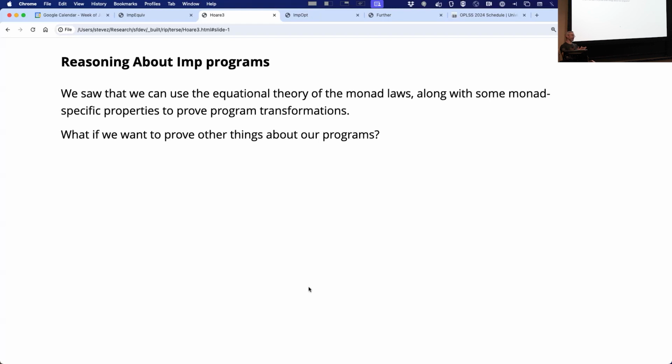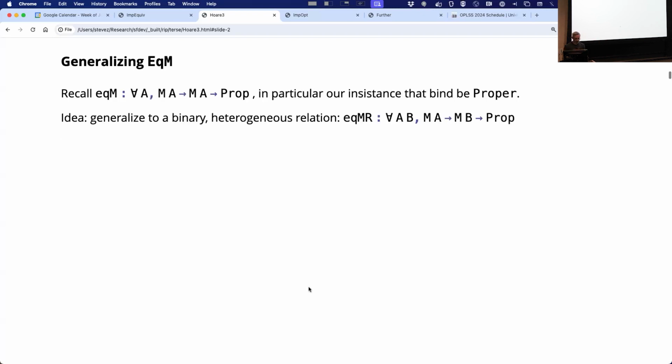The way we might do that in a traditional program verification approach would be to use something like a Hoare logic, or maybe if we're fancier, a kind of separation logic or concurrent separation logic and so on. So I want to show you how we can use these monadic semantics to justify the soundness of such a logic so that we could do proofs about, say, functional correctness of IMP programs.